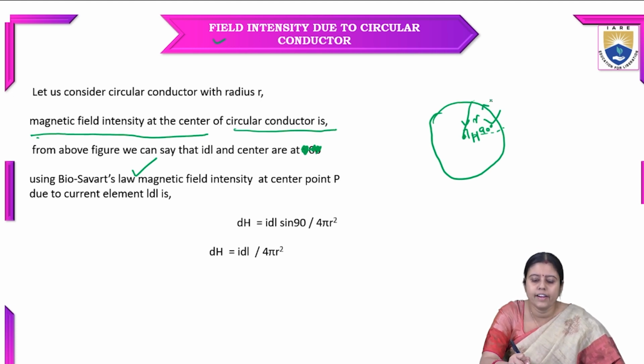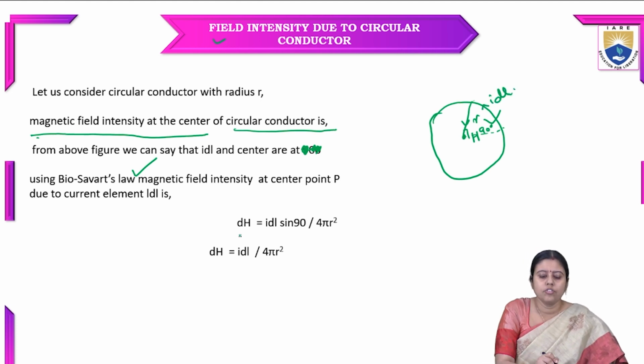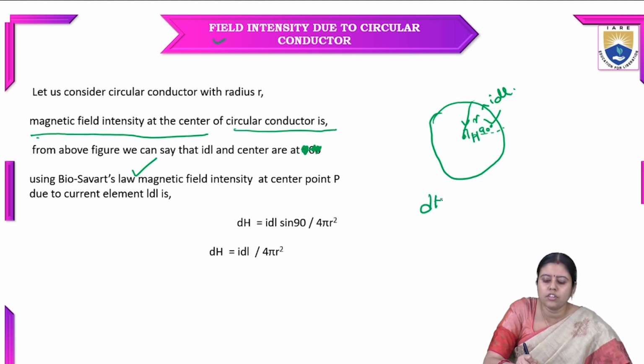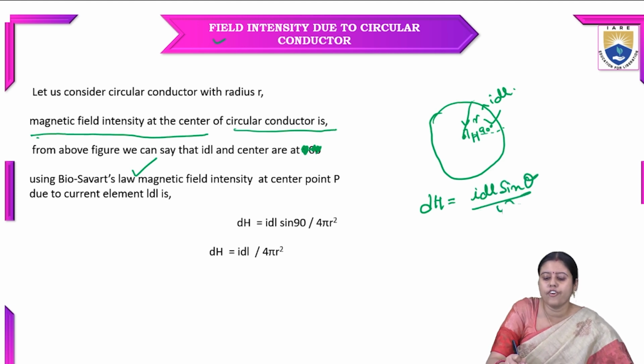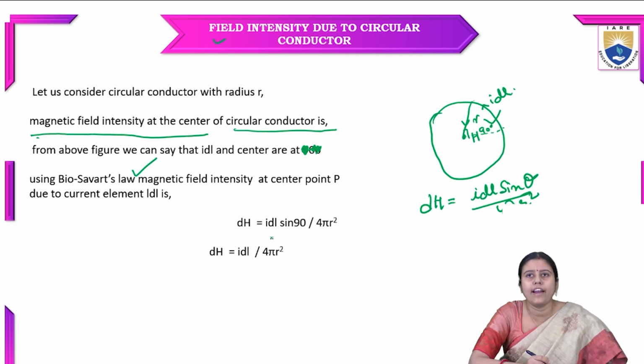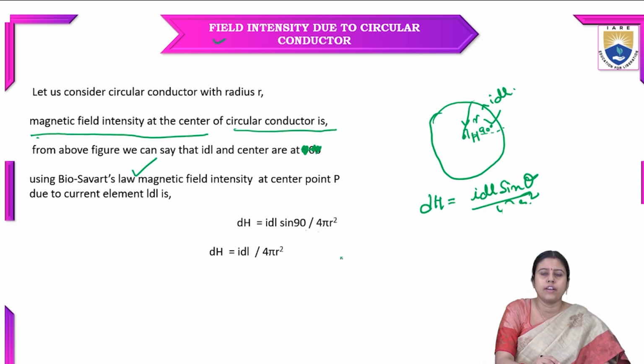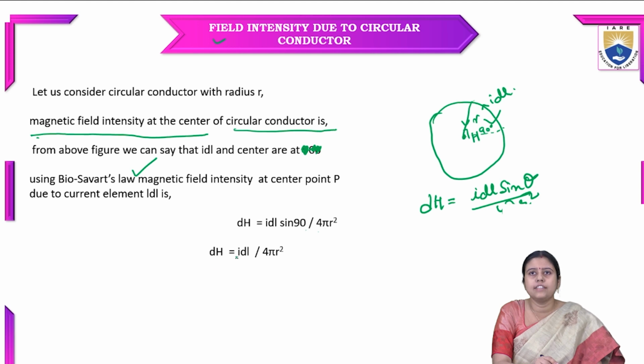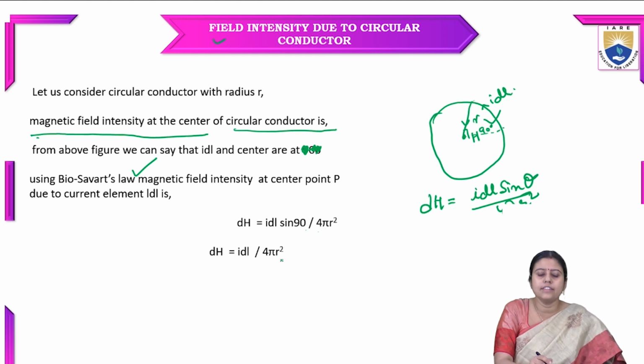What is the Biot-Savart's law? dH is equal to I dl sin theta by 4 pi r square. So we are writing here I dl sin 90 by 4 pi r square. We know that sin 90 is always 1.